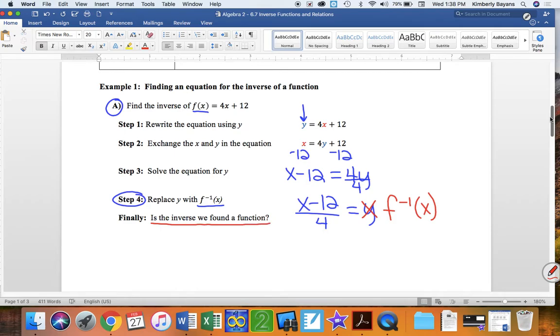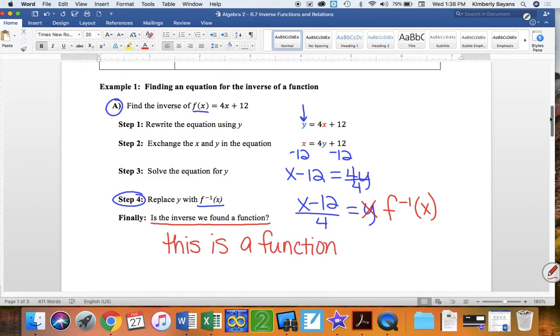Let's review what a function means. A function is where every input has one and only one output, or every x value will have one and only one y value. So no matter what I substitute in here for x, I'm going to subtract 12 from it and divide it by 4. This is a function. My x is not squared.